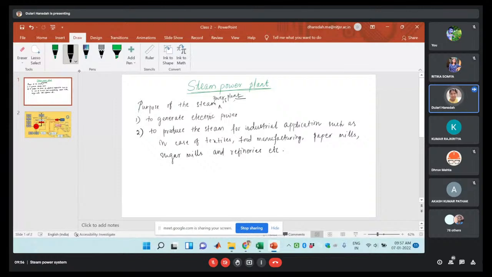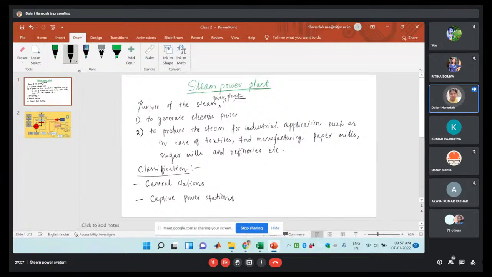So based upon this application, the steam power plant is classified as central stations. Another one is the industrial power station, or the captive power station.